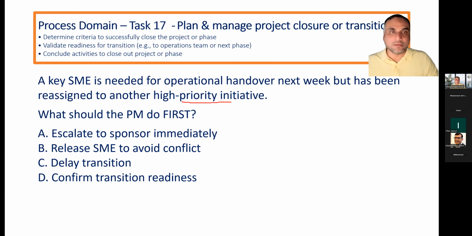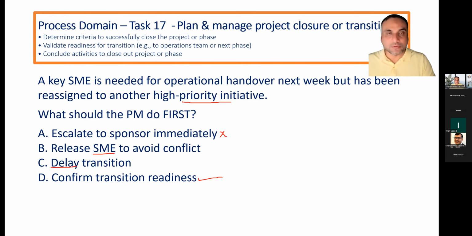Exactly. It's your internal thing. You will not do this first. If it is the last choice, then yes, you can do it, but that's not the first answer. You do not release like this. You have to collect the lessons learned before releasing. You cannot delay anything without a change request with the impact available. So yes, better answer is D.